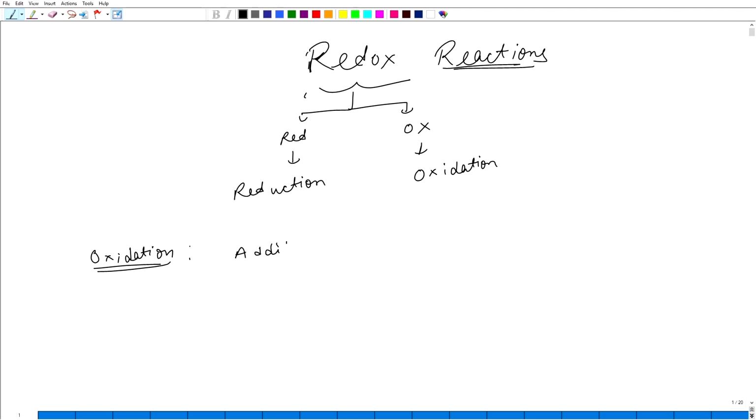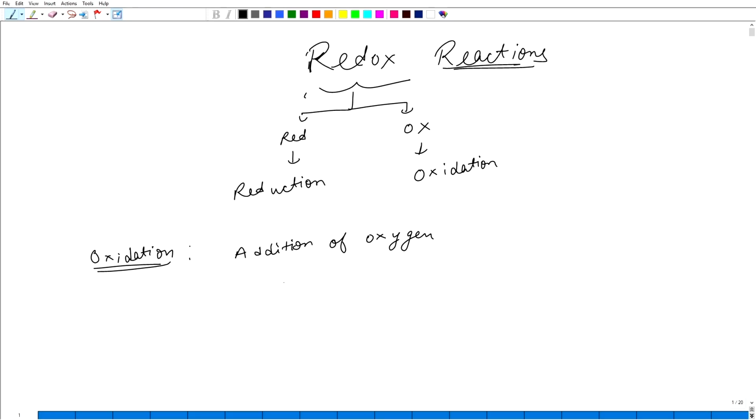addition of oxygen. For example, you must have done an experiment, the magnesium ribbon experiment, burning the magnesium ribbon in presence of air. Taking that reaction in mind, it is burning of magnesium in presence of O2, and it produces magnesium oxide.